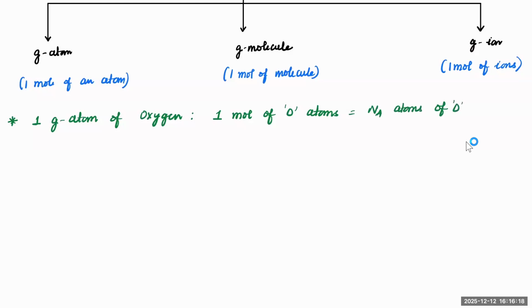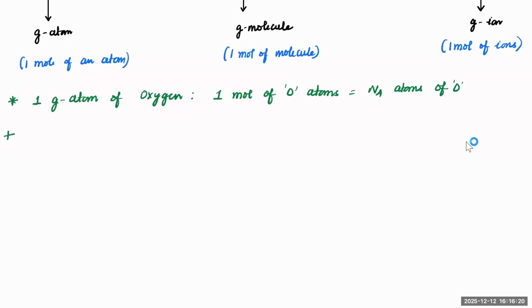Does it make sense? Very good. So if I use the terminology 1 gram molecule of oxygen, then I am referring to 1 mole of O2 molecules.